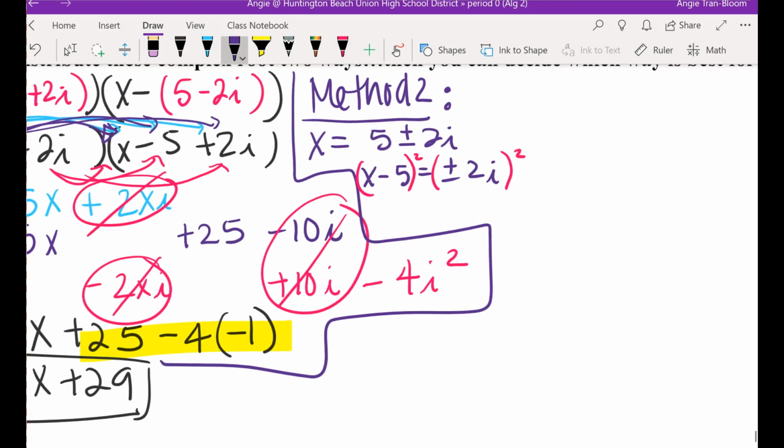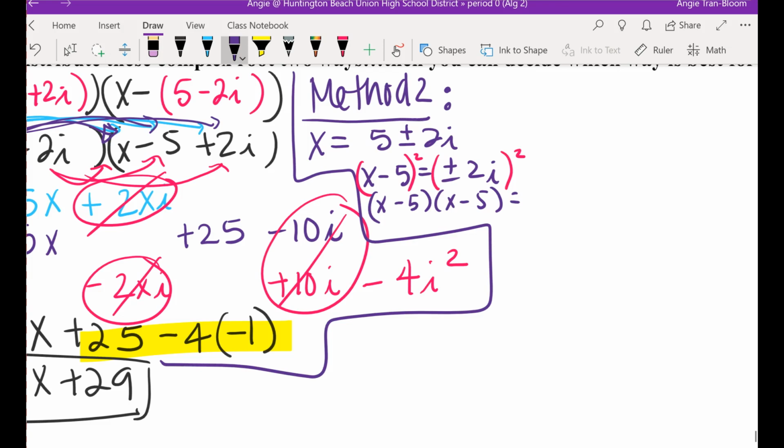Now, I'm going to write x minus 5 twice, so I can do what? Distribute, because it's a power of 2. You see it? Okay. So x minus 5 squared is the same thing as x minus 5 times x minus 5. Here's the part. You have a plus or minus in front of 2i. What happens when I square either plus or minus? They will always be what? Positive.